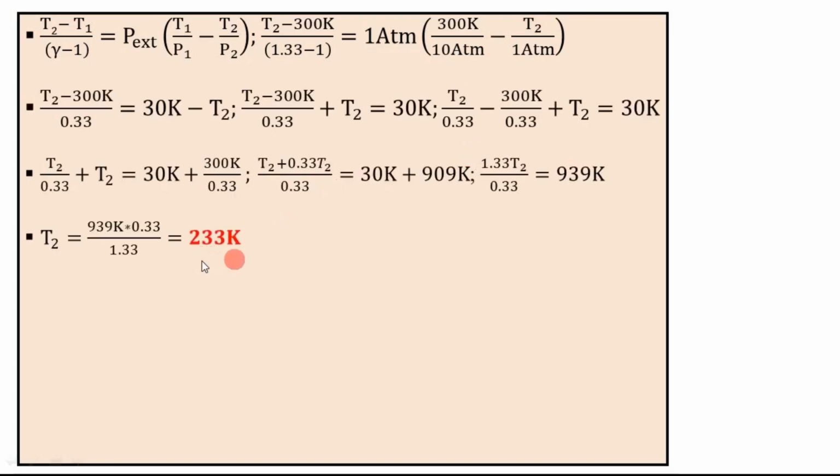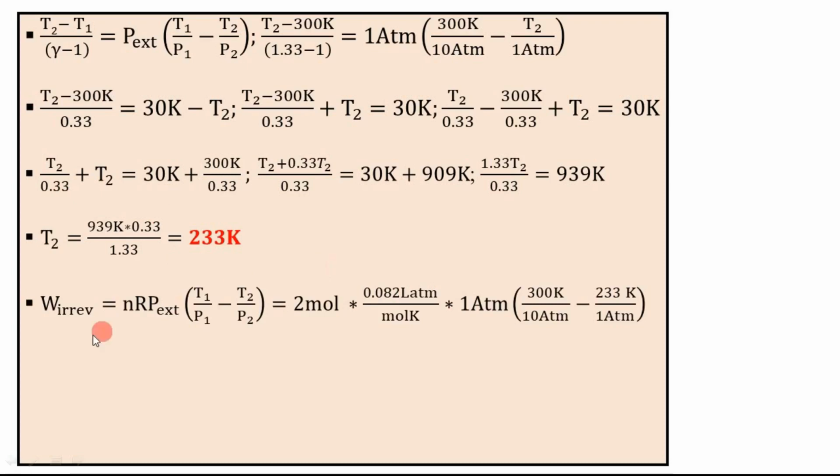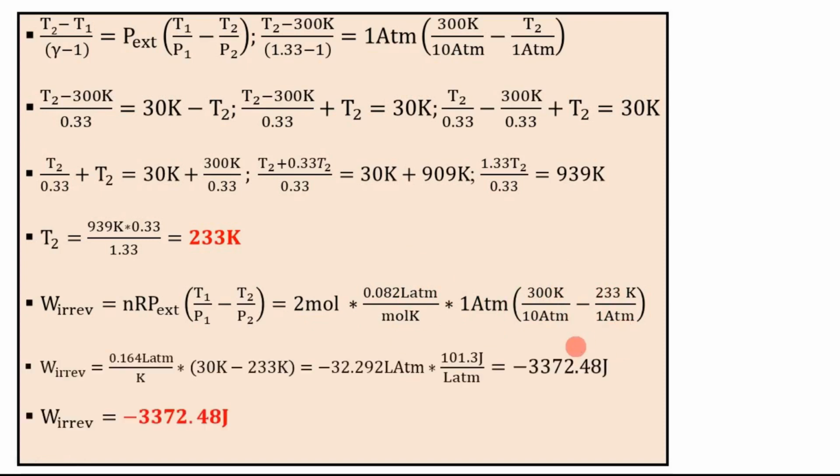Then after getting T2, we calculate the work done by replacing n, the number of moles, 2 moles, the gas constant, the external pressure, T1, P1, T2 and P2. In this case, we get the work done, which is equal to this value. That is the work done in the irreversible process.